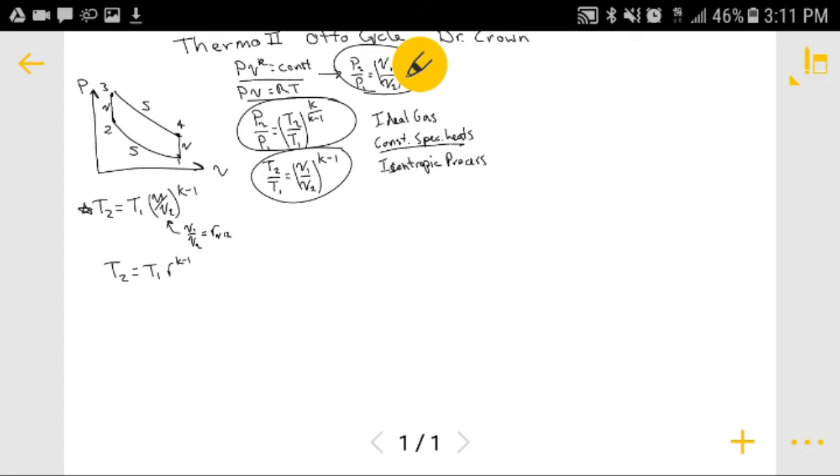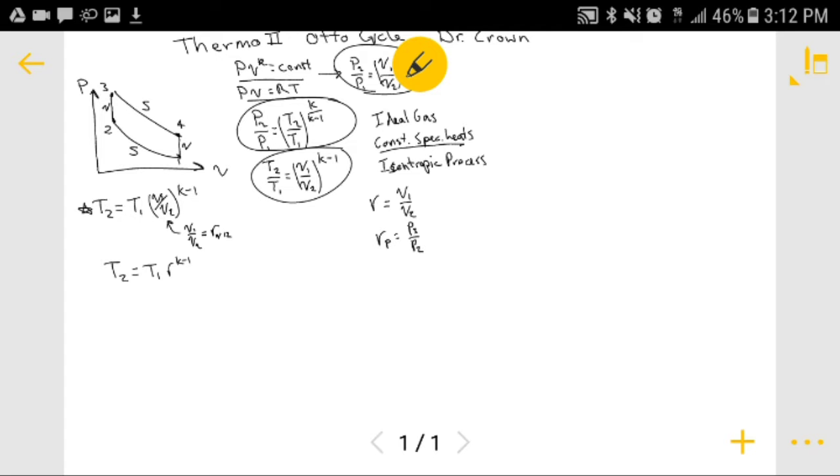So I have T2 equals T1 r to the k minus 1. Again, my compression ratio is defined as V1 over V2, and I also define a pressure ratio as P3 over P2.